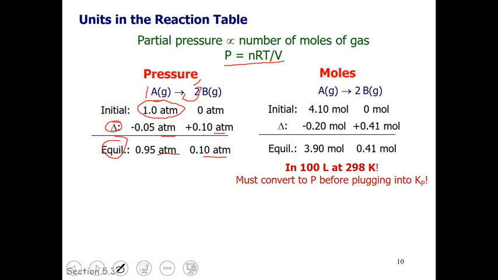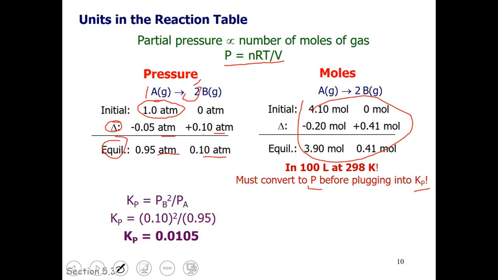But if you were given the problem where you had moles of gas, and instead it was 4.10 moles of gas, and the gas was in 100 liters at 298 K, you can work your reaction table in moles, but you're going to need to convert it to pressure in atmospheres before plugging it into the Kp expression.